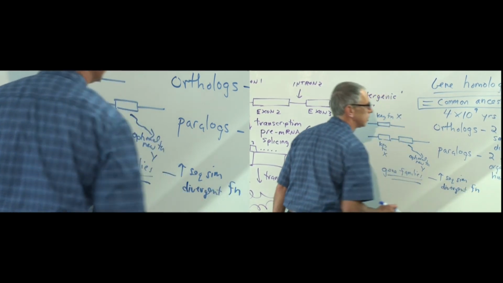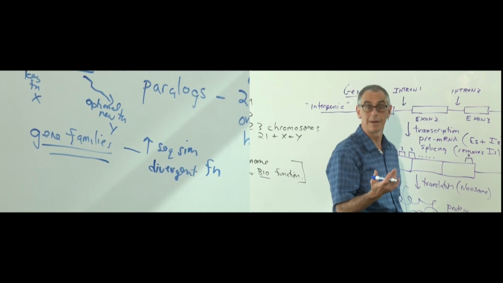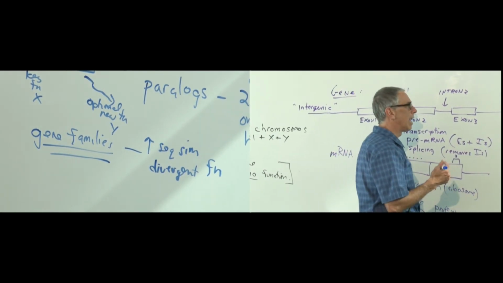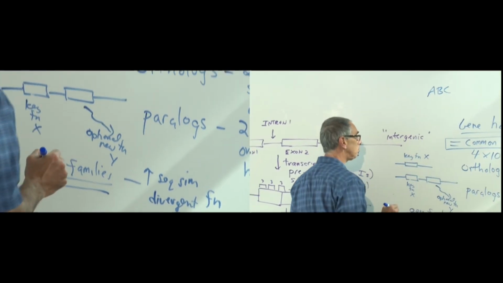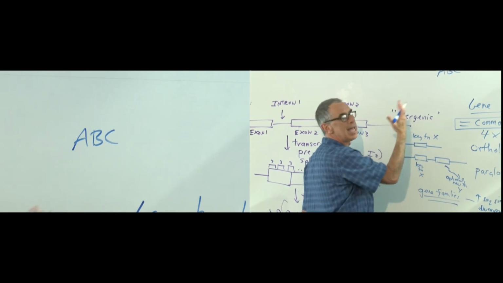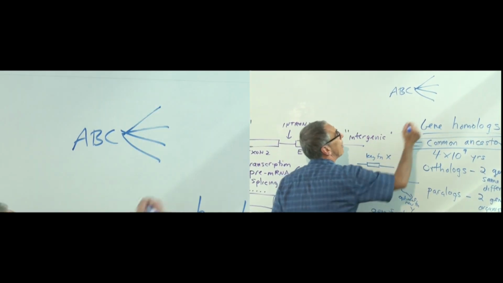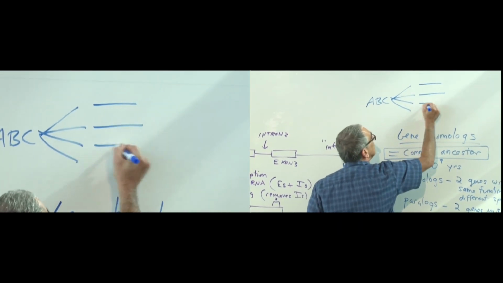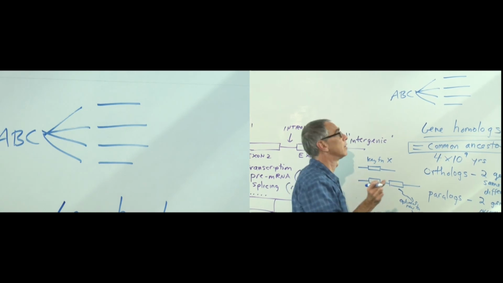So I talked about, in other lectures, other segments, the ABCB1, the ABC transporters. They are all derived from a mother ABC from which they all became divergent paralogs with slightly different specificity for transporting different types of molecules.